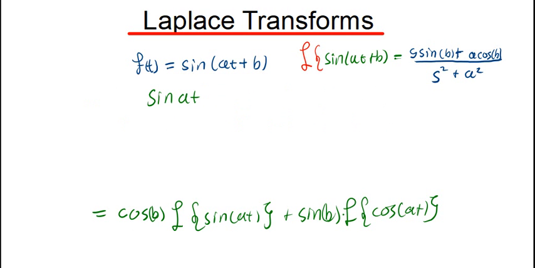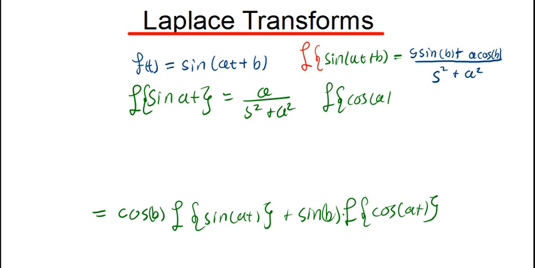That is by using Euler's formula, but you can also use integration by parts, and we ended up with the Laplace transform of sine at equal to a over s squared plus a squared. Then the Laplace transform of cos at, we ended up with s over s squared plus a squared.